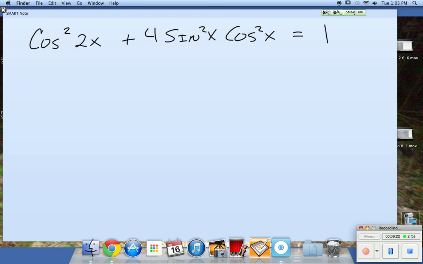You just cross it out, make this 1. And what can you? What is it?